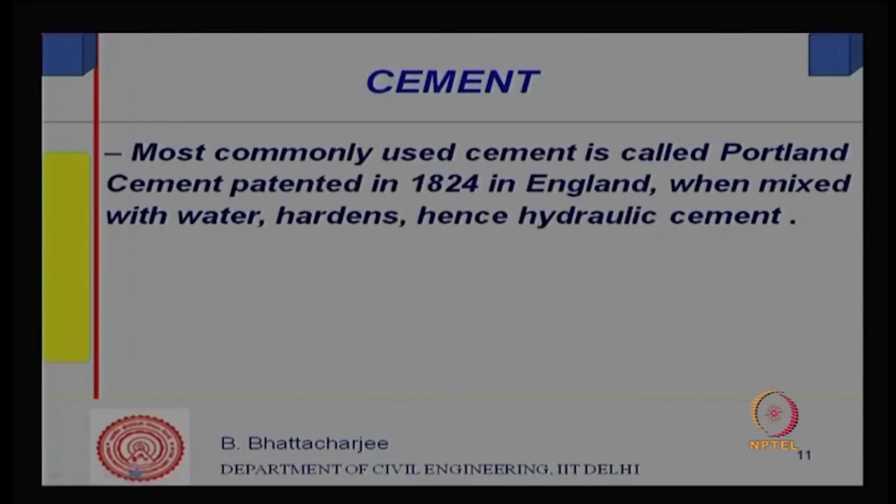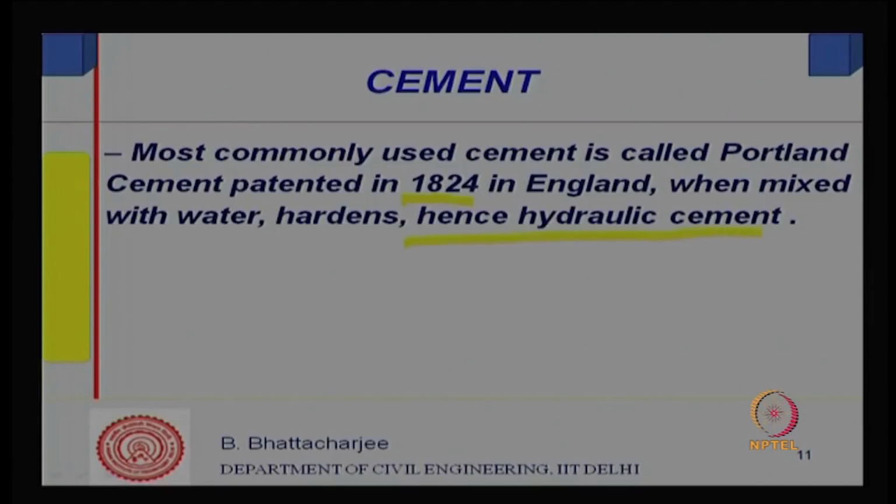So, that is the idea of cement, and actually the most commonly used cement is called Portland cement, patented by Joseph Aspdin in England in 1824, and this when mixed with water hardens.